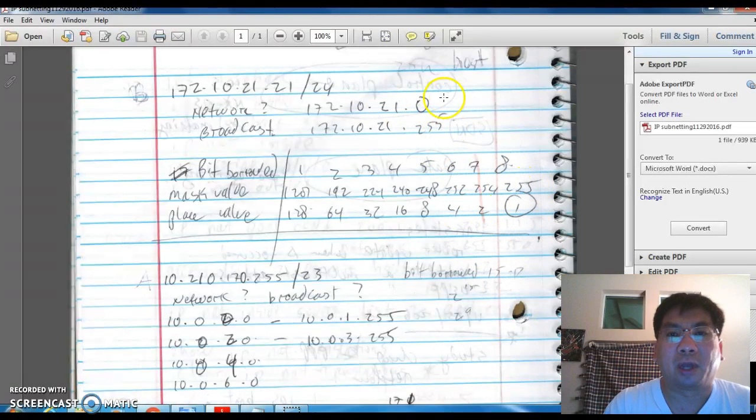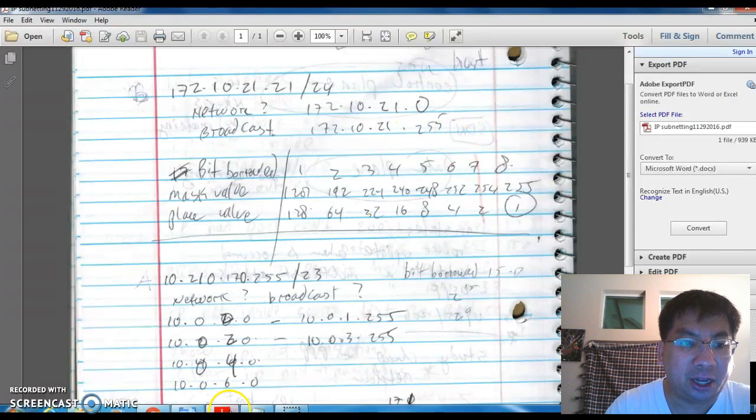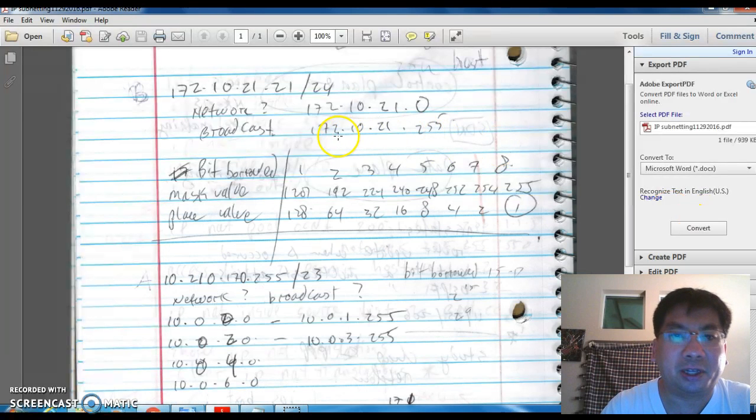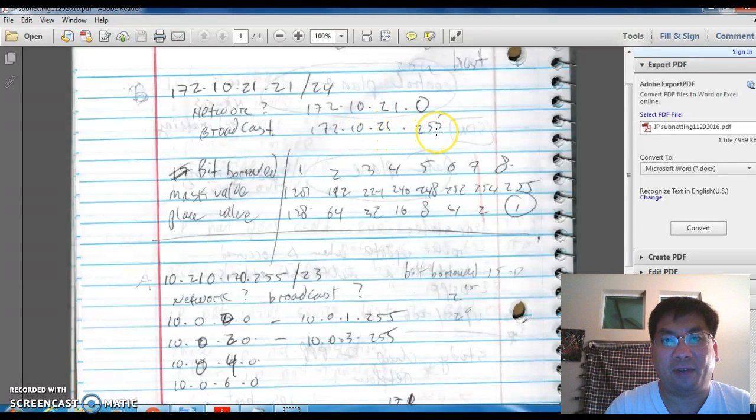And then, how many IP addresses? The IP addresses, as you can see in here, is 256 minus 2, so 254. So the broadcast address is 172.10.21.255, okay? So this is the network address and this is the broadcast address, okay?